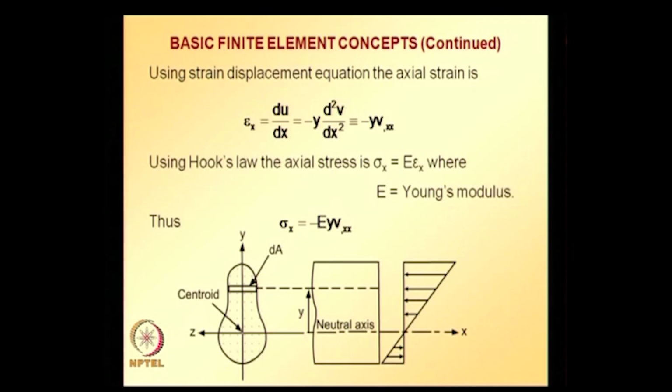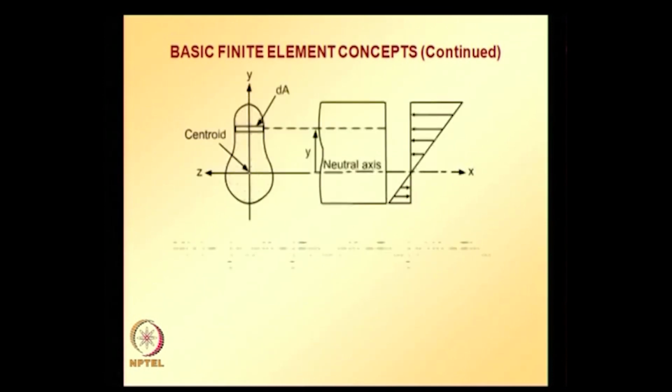So, here the sigma times dA is acting in the negative x direction, and because of that it gives a moment which is opposite to the sign convention. That is why the relation here is M is equal to minus sigma y.